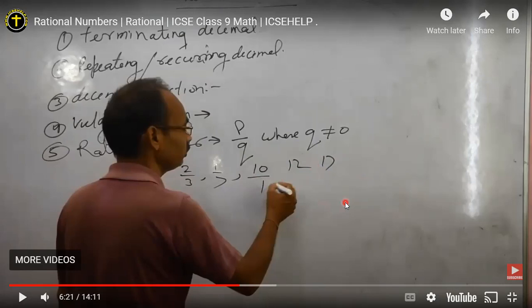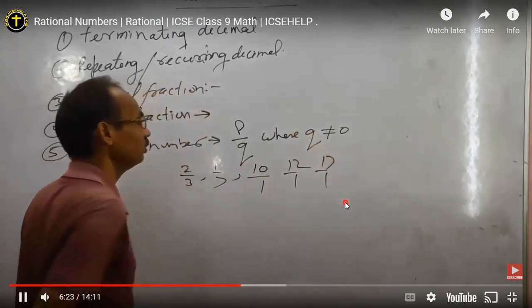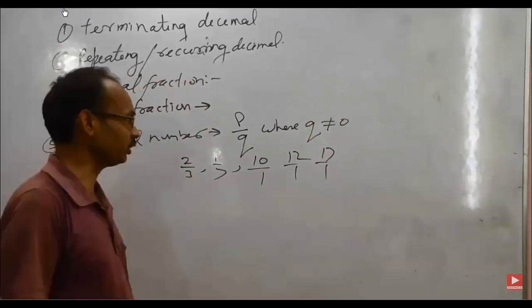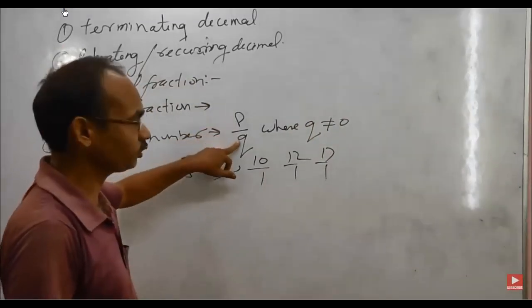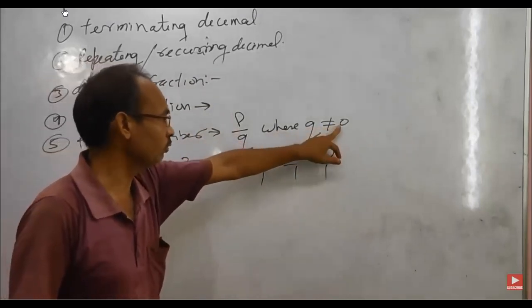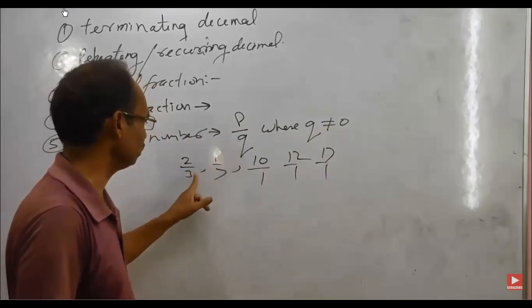It can be anything except 0. So 2 by 3, 2 by 100, 2 by 1000, 2 by anything. You take any number, that is known as a rational number. Its denominator is 1. Hence a rational number can be represented in the form of P upon Q, where Q is not zero, because Q is the denominator.